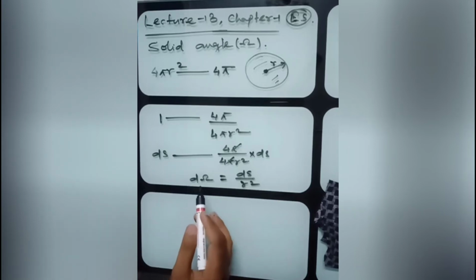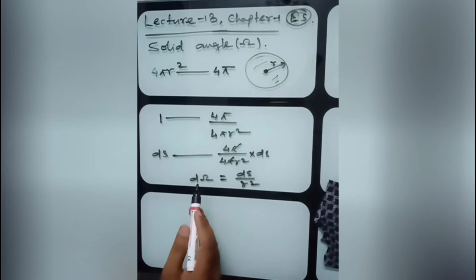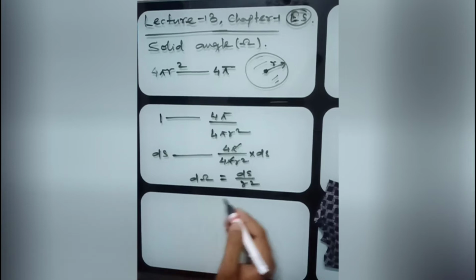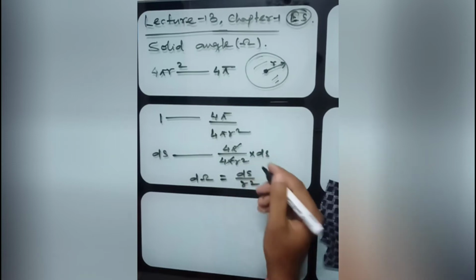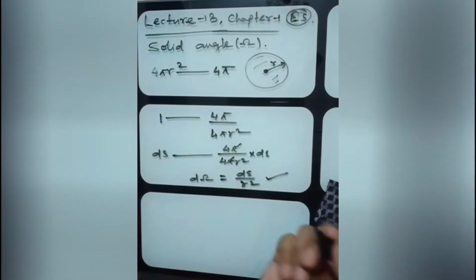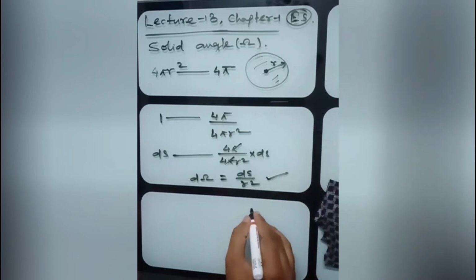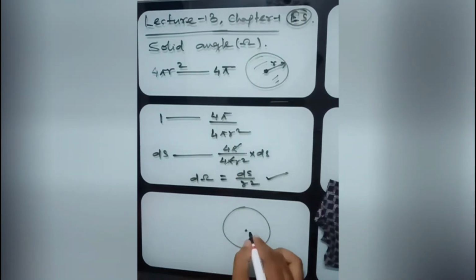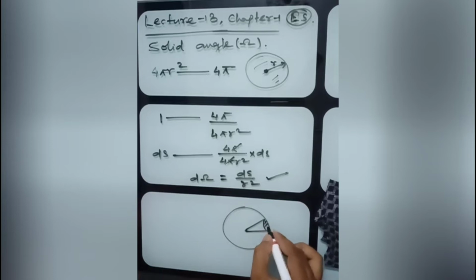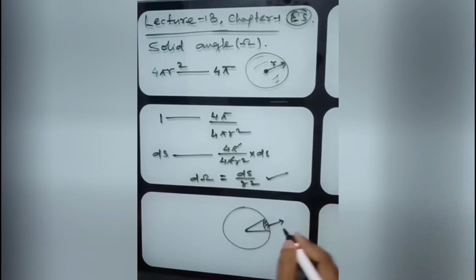We will treat this as a vector quantity. And in what way can we represent this as a vector quantity? If this is the sphere, here the surface area is ds.